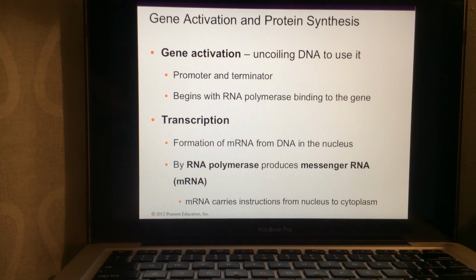When we talk about transcription, I want you to think about what that sounds like, to copy or rewrite. So when we talk about transcription, we're writing down the message, the synthesis of RNA from that DNA template. So we're taking the messenger RNA from the DNA in the nucleus that cannot leave it, but messenger RNA can. And this will happen through the messenger RNA, and it will carry the instructions from the nucleus to the cytoplasm.